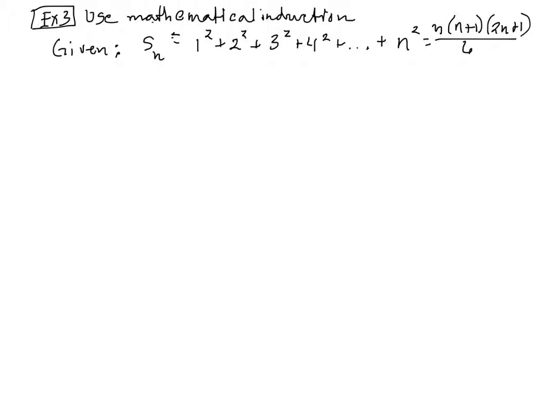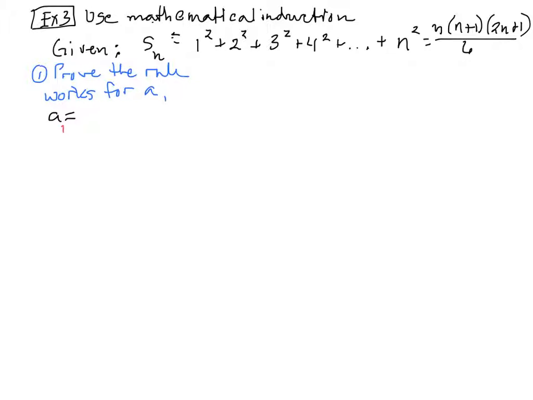So here we go, step 1. What's our first step? Prove the rule works for A sub 1. So A sub 1 is equal to, what do we set it equal to?